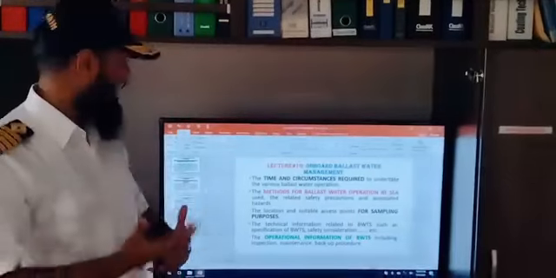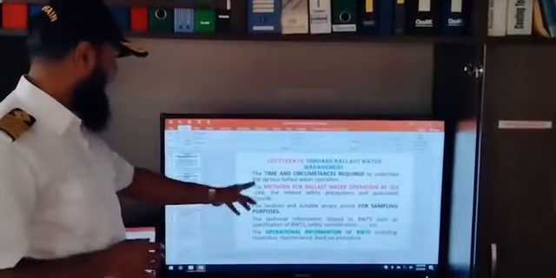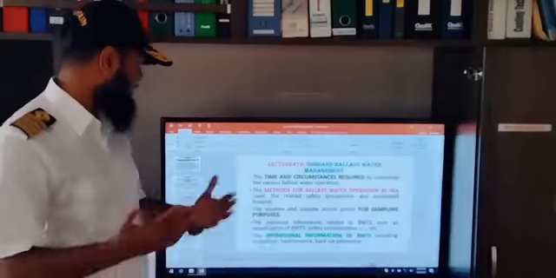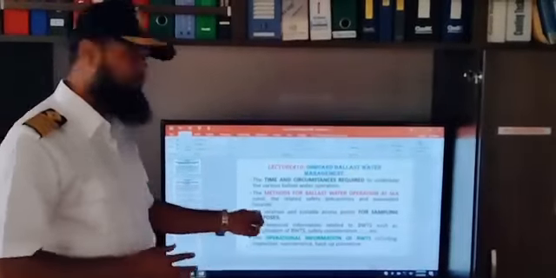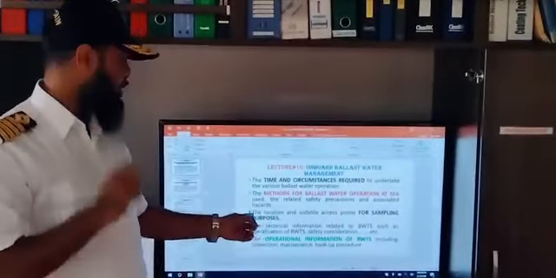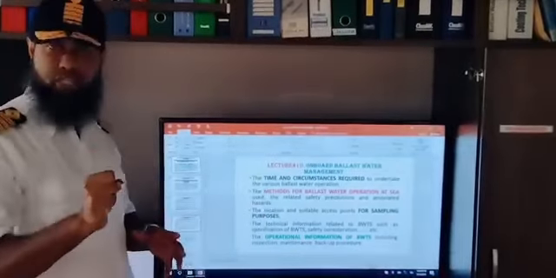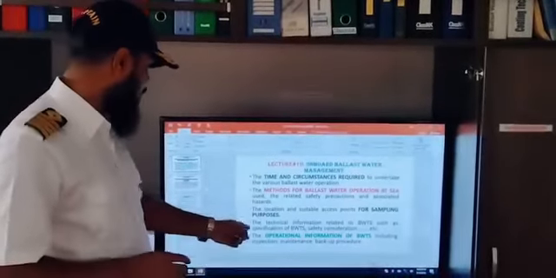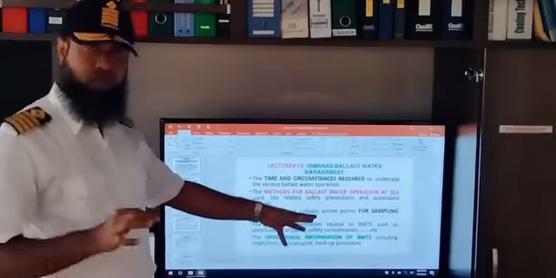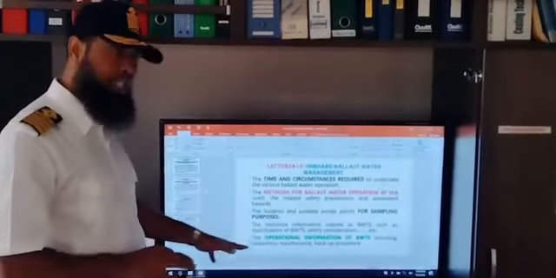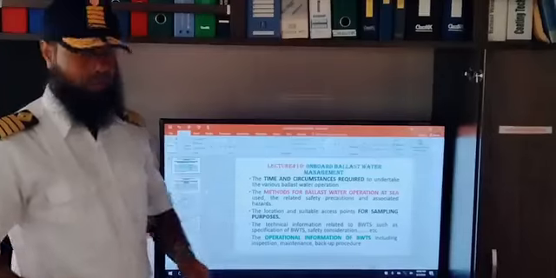And the time and circumstances required to undertake ballast water exchange, the method for ballast water operation at sea, and for sampling, what is the sampling procedure on board the ship to collect ballast water or sediment? And also operational information of the ballast water treatment system, including inspection, maintenance, and backup procedure.